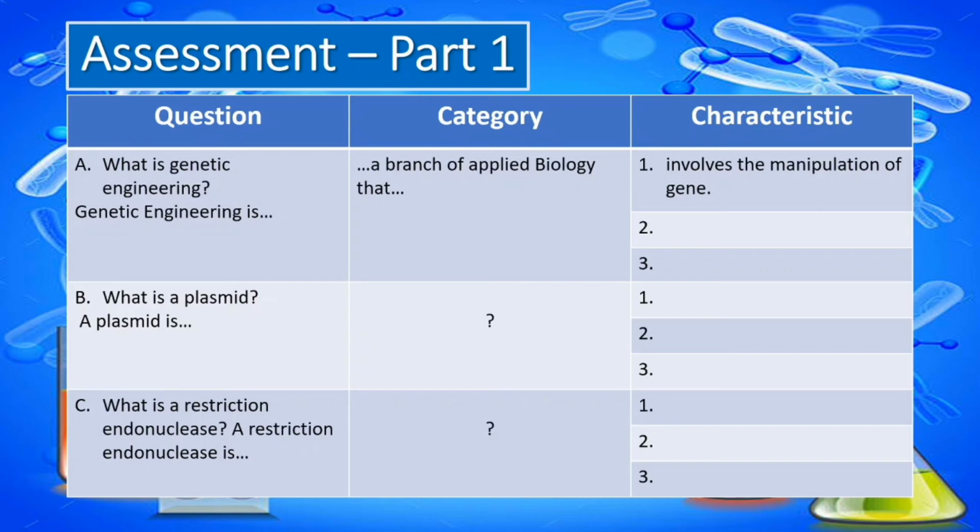So, question: what is genetic engineering? Genetic engineering is, for category, a branch of applied biology that, characteristic, involves the manipulation of gene. So, genetic engineering is a branch of applied biology that involves the manipulation of gene. So, complete the table.